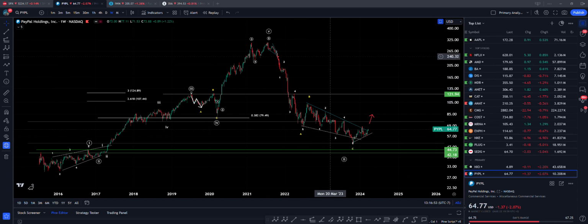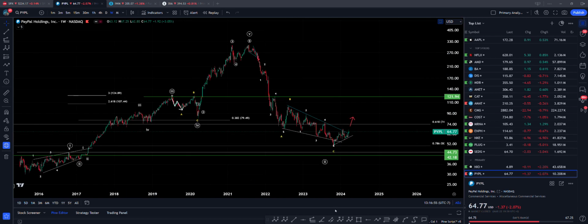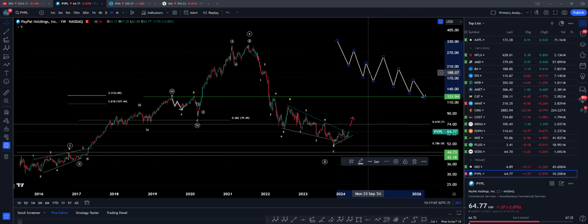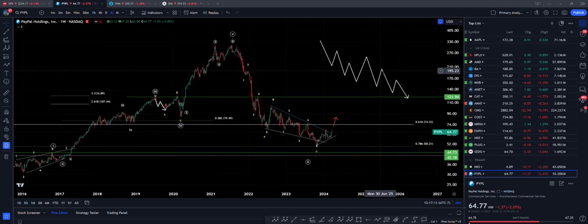But it can happen that you get a choppy drop like this, where your first drop is like this. You have a B move, and then you get another choppy move down. So you can have both leading and ending diagonal in a zigzag with 4 overlapping with 1, and it's possible, right? We have seen this in the past as well.